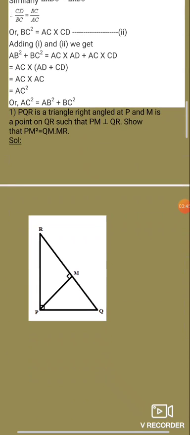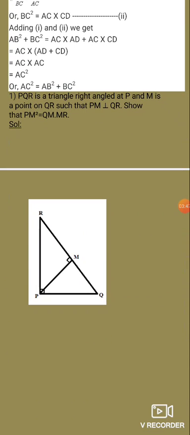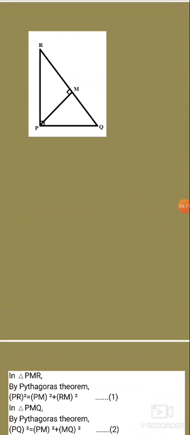Now listen carefully. The next question. PQR is a right angled triangle, right angle at P. And M is a point on QR such that PM is perpendicular to QR. We need to show that PM square is equal to QM into MR. Now listen carefully to this.